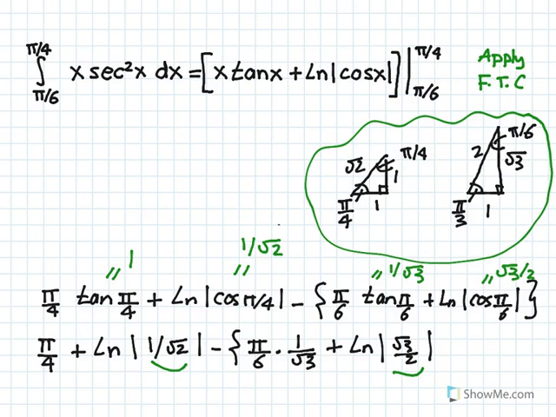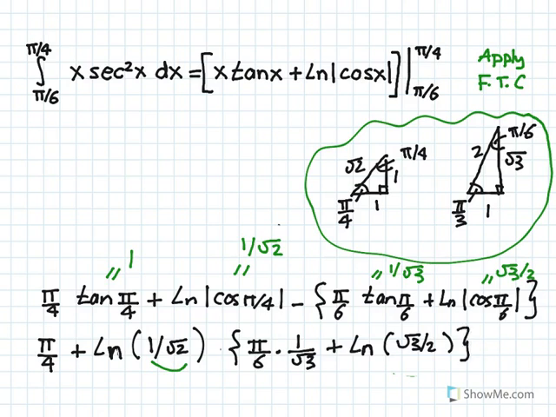So let me just make things easier and change these to a bracket and log of 1 over root 2, and change this one here to a log of root 3 over 2, because we don't need the absolute value.